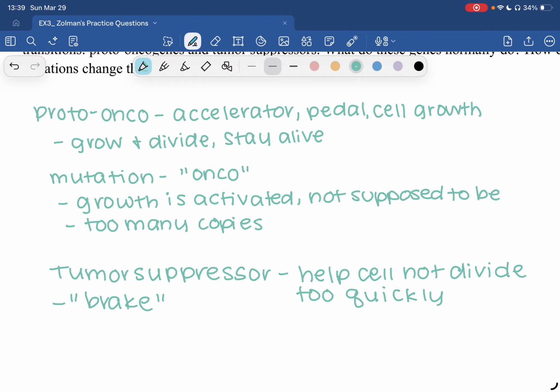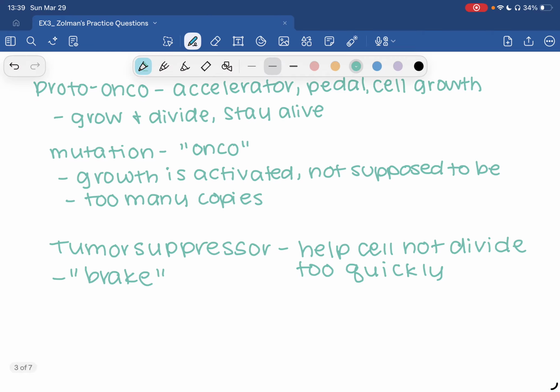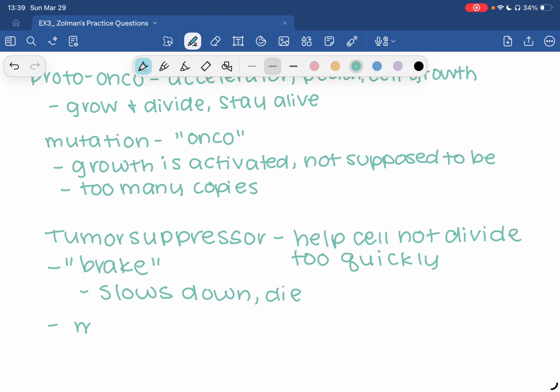It slows down cell division or tells the cell to die at the right time, so it slows down or tells it to die, or apoptosis. So a mutation in a tumor suppressor can basically lead to cell division getting out of control because there's nothing telling it to stop.